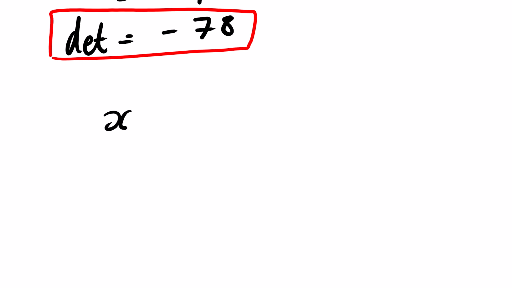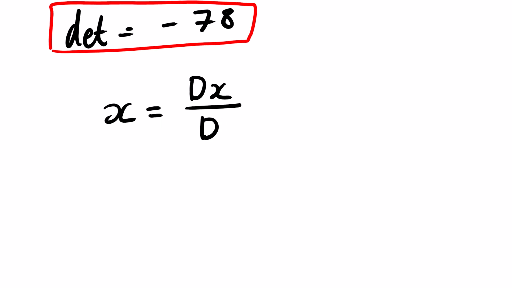Now, to solve for x, it will be dx, the determinant whereby the column of x values we substitute by our results over the determinant we just calculated.